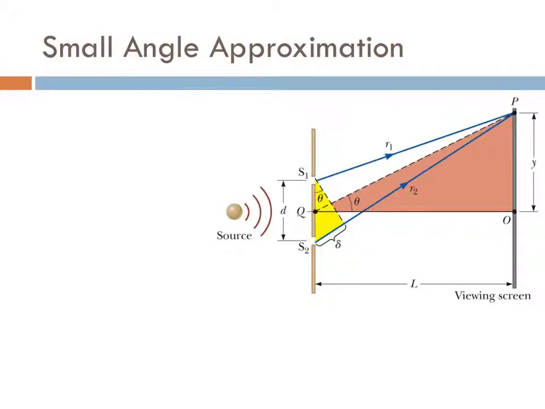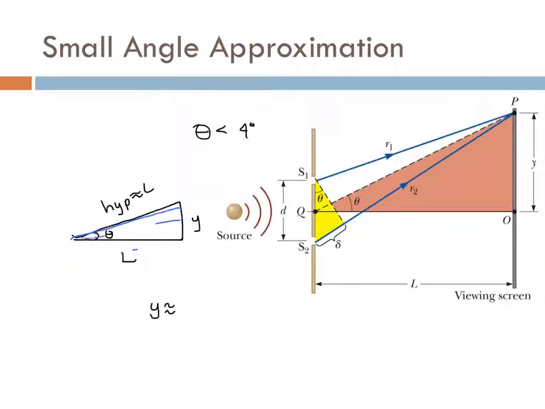Now for these problems, we also like to apply what's called a small angle approximation. What that means is, let's say that this piece is L, this is theta, and this is y. So when theta becomes very, very small, and we're saying theta has to be less than about 4 degrees, then the hypotenuse becomes very, very close to equal to L. So when that happens, then y becomes approximately equal to L sine theta.